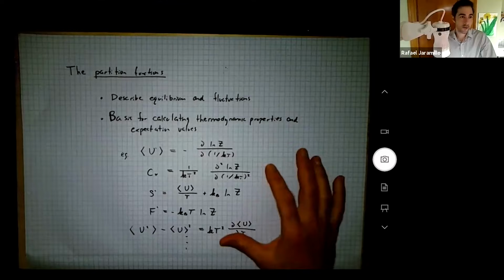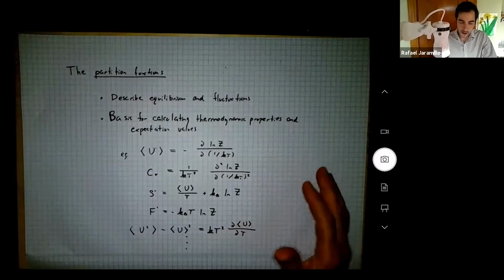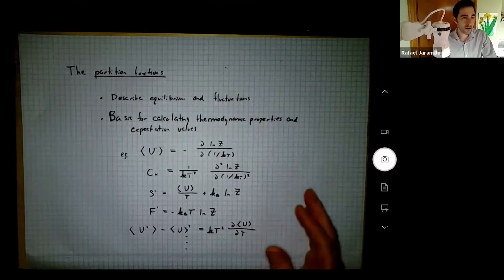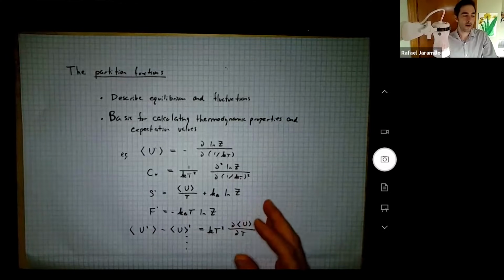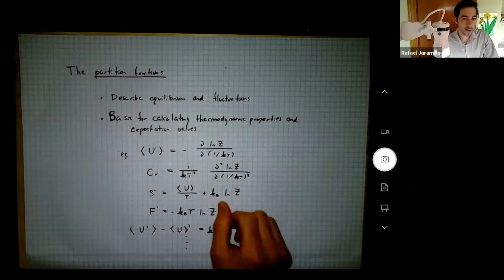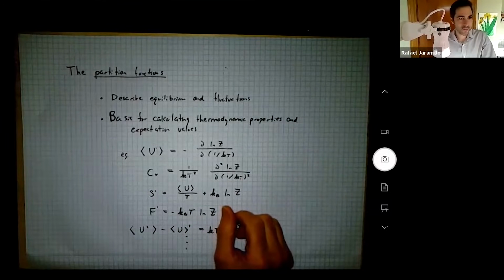So I'm going to leave you with some thoughts. At this point, often students say, this is the real stuff. This is somehow the most fundamental knowledge of thermodynamics, is the partition functions, right? So why did we mess around with all that classical thermodynamics, right?